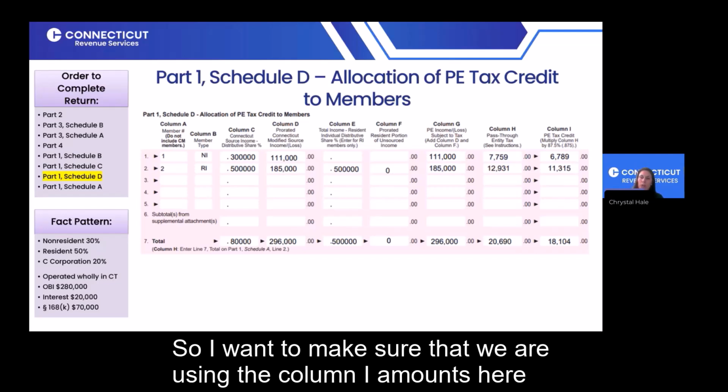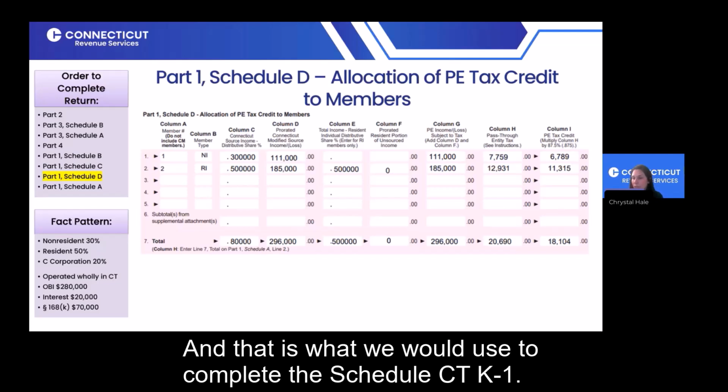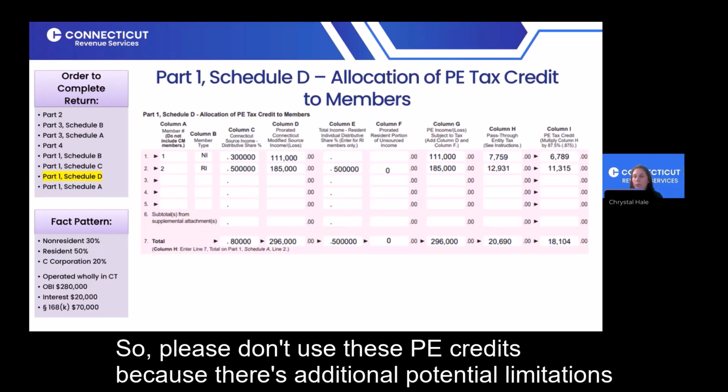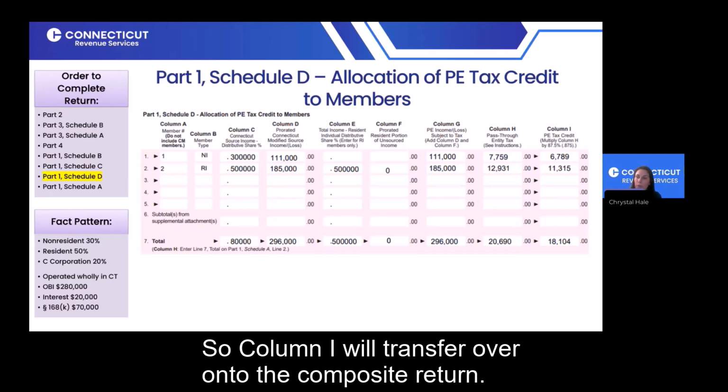So I want to make sure that we are using the column I amounts here, which actually transfer onto the composite return, which I'll show in our later example. And that is what we would use to complete the Schedule CTK1. So please don't use these PE credits because there's additional potential limitations or additional credits that we may have that we would include. So column I will transfer over onto the composite return.